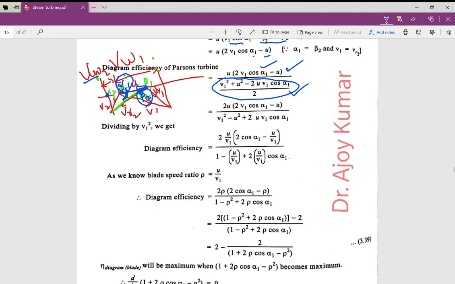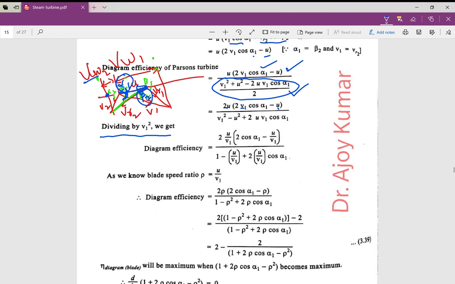So let us simplify this one by dividing by v1 square in the numerator part as well as the denominator part. With this division, u upon v1, and v1 divided by v1 cancelled.